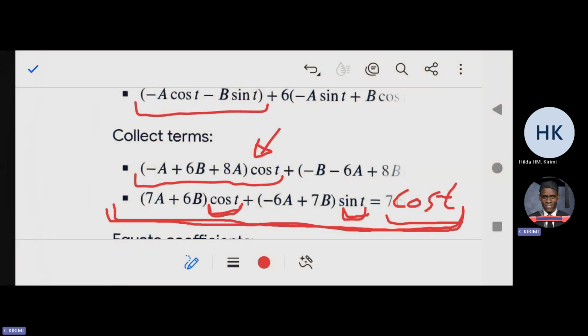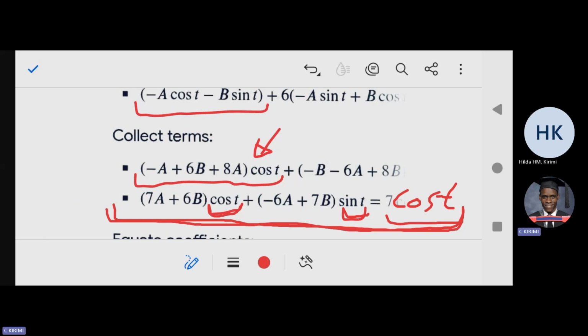And do you know what we are solving for? Cos t? No, we are not solving for cos t. We are looking for the constants, A and what? And B. That's what we are solving for. Cos t is not our problem. Our problem is A. What is the constant A and B? That is what we want to look for.